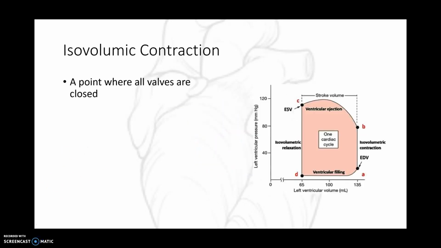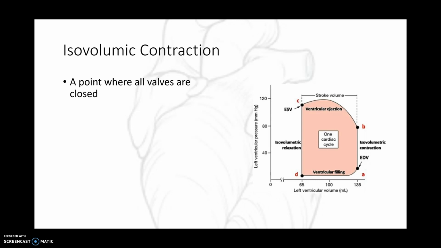Okay, so now we're going to go over some mechanics within the ventricles themselves. We're going to talk about something called isovolumic contraction. This is where we get to a point where all of the valves in the heart are closed, right? So we will have an increase in pressure with no change in volume. This is a point in time where all of the blood has filled into the heart, and all of the valves are closed.